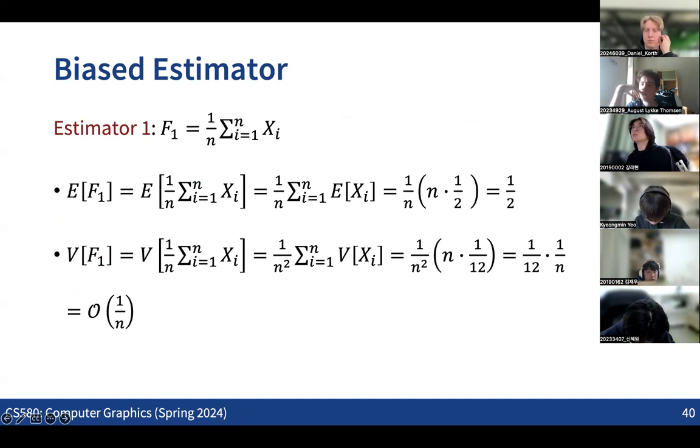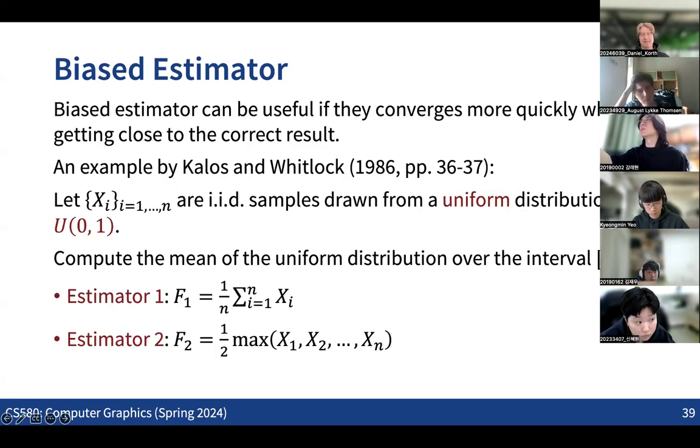Also for the variance, it is proportional to 1 over the number of samples. But for the second estimator, as you can guess from its form, it is hard to expect that the expected value of the estimate matches the true value.